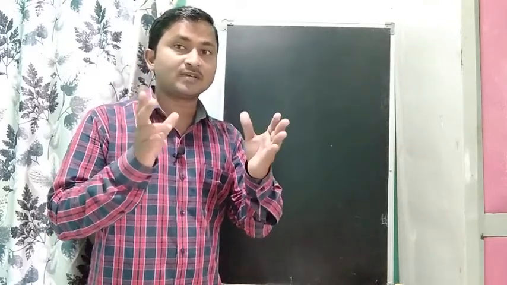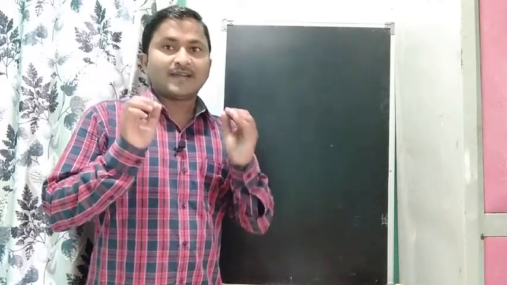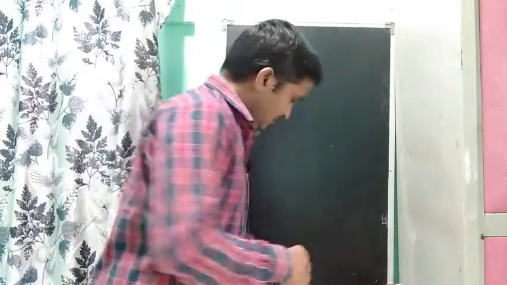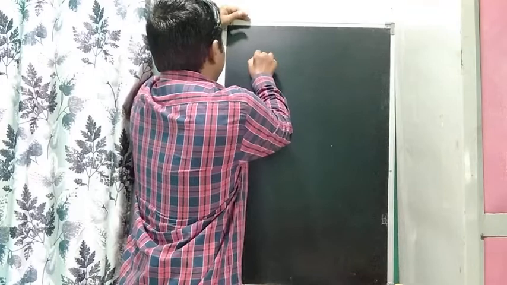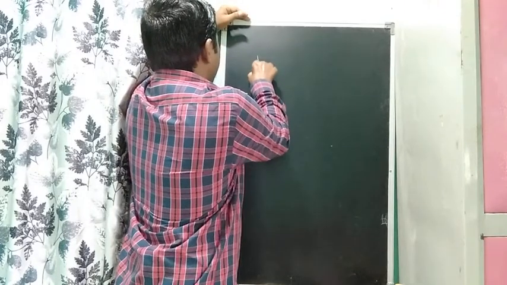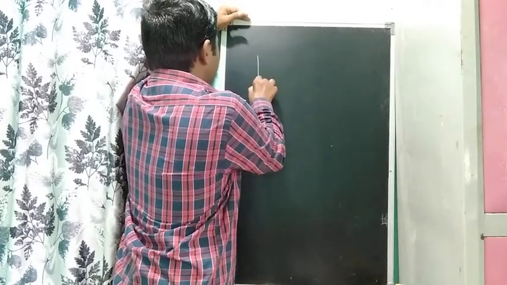Even though two light waves emitting from two different sources have the same amplitude and same wavelength, they do not maintain a constant phase difference between them. So to maintain a constant phase difference, the two light waves must be obtained from a single source.